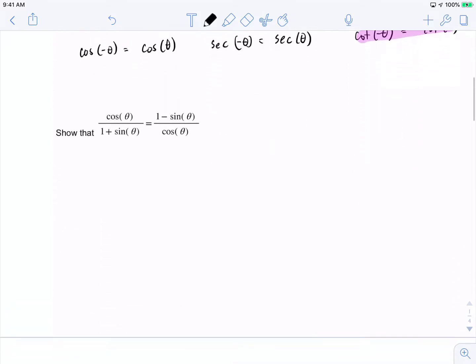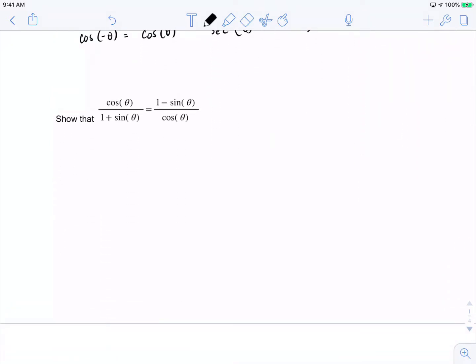Here's the first example. In order to show that this identity is true, I'm only going to be working with this side and making it look like the other side. So I'm going to go cosine of theta over 1 plus sine theta. And I'm going to multiply by the conjugate of the denominator.